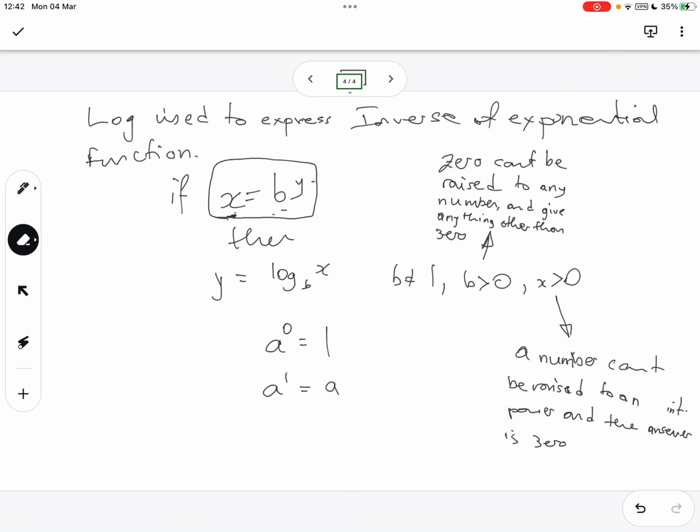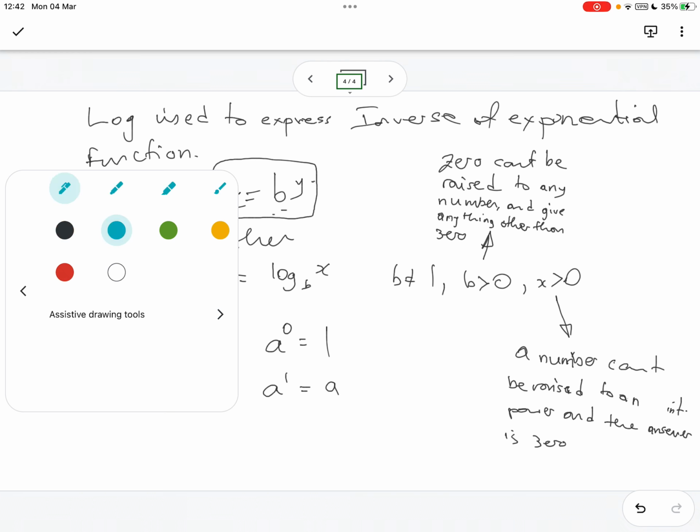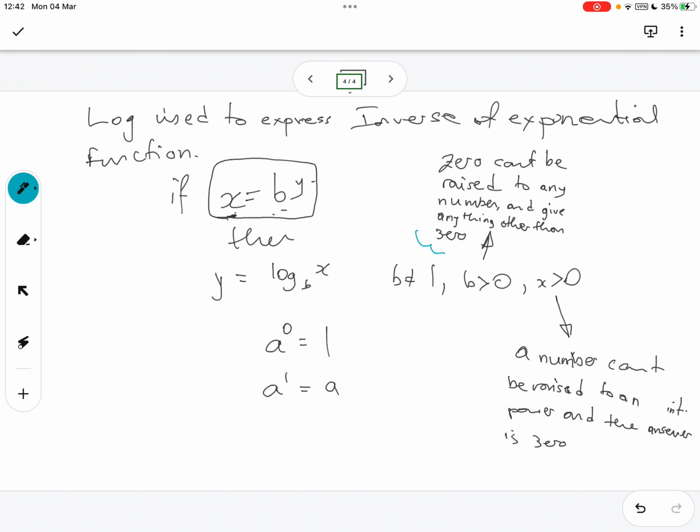Even if I raise 2 to the power 0, I still get 1. So I cannot raise any number to any integer power and the answer is 0. At the very least, even if I substitute that exponent as 0, I'll get 1. Isn't that what I said? Yes.